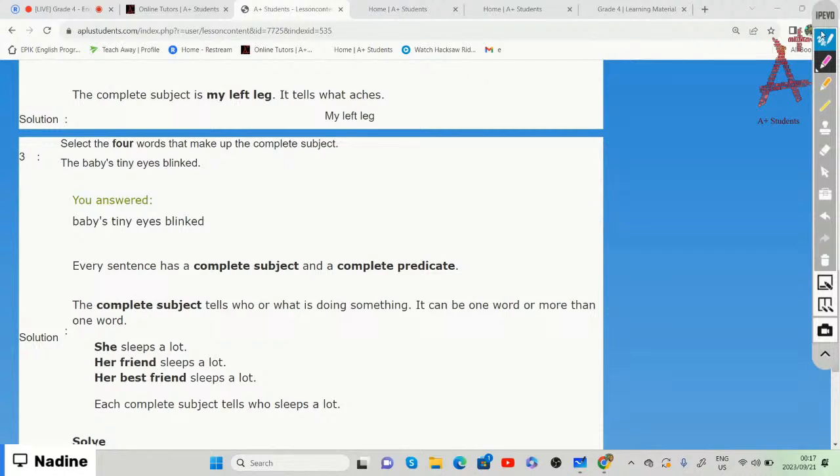If we select the four words, then we will select the baby's tiny eyes. What happened to the baby's tiny eyes? It blinked, and blinked is our predicate. But for now, just the subject. The baby's tiny eyes.